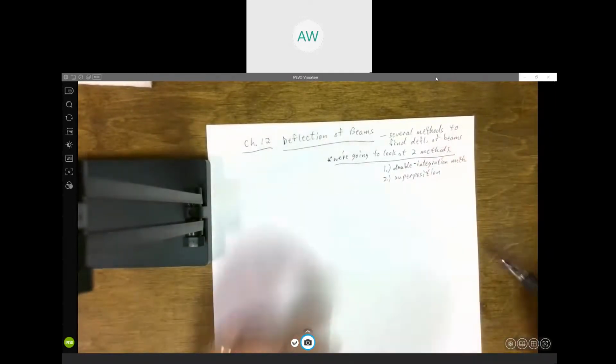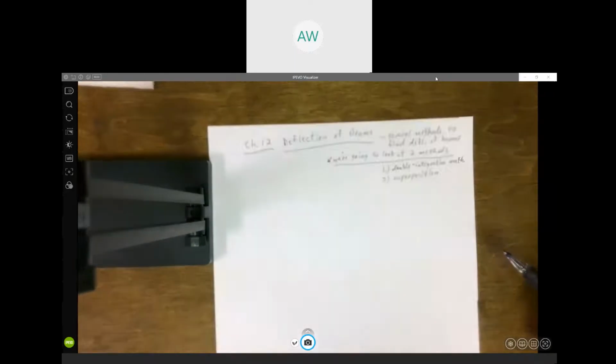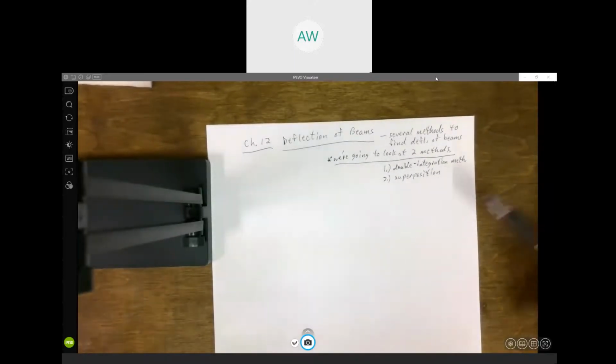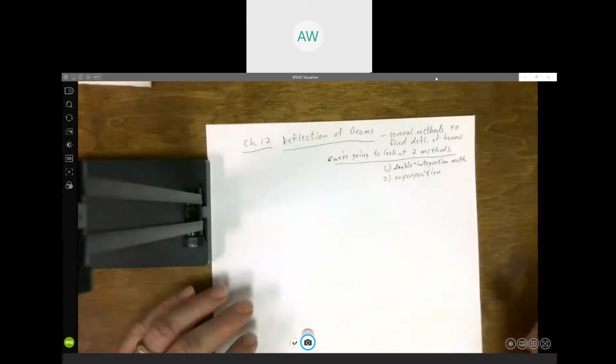So those are the two things we're going to do in chapter 12. It's just two different methods to determine the deflection or displacement of a beam, right? We've been talking about beams and we'll say they bend. Well, now we want to look at how much does it bend. That's what chapter 12 is about.